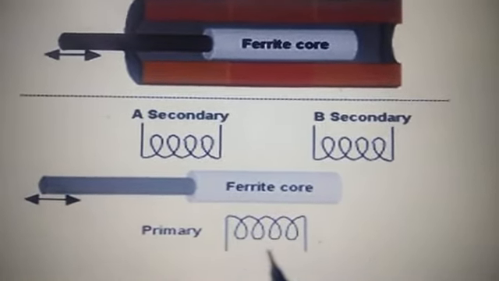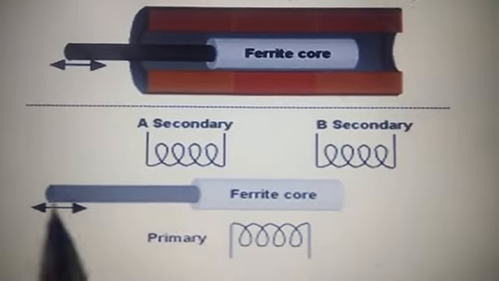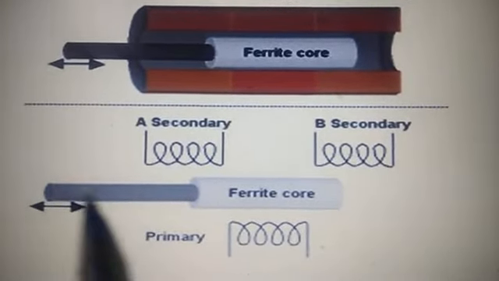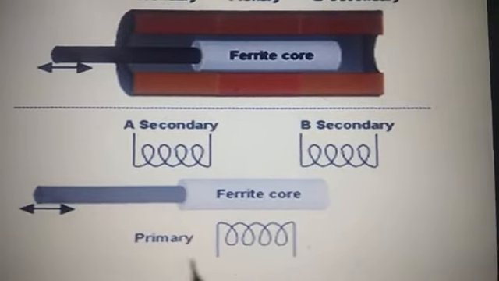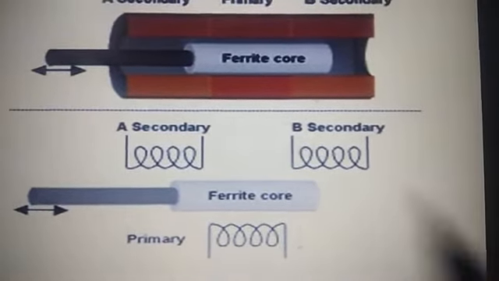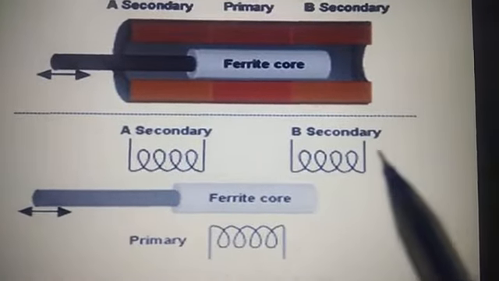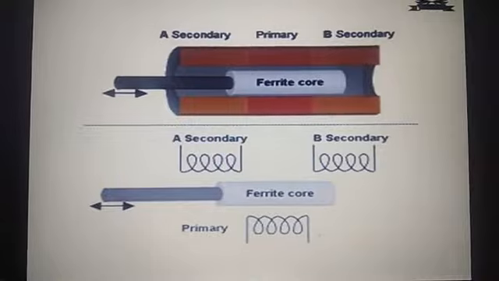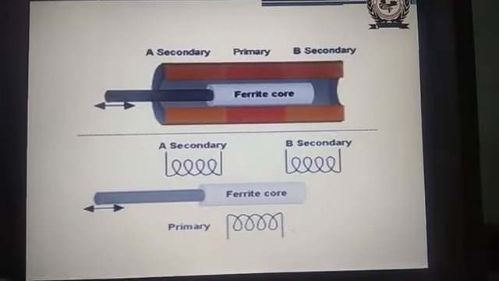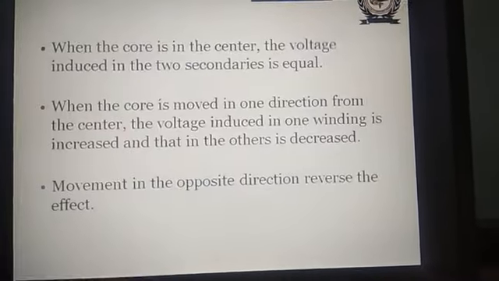This is the primary. So displacement of this core rod will provide the secondary voltage here. The primary will be fixed, and hence it is called a linear variable differential transformer.